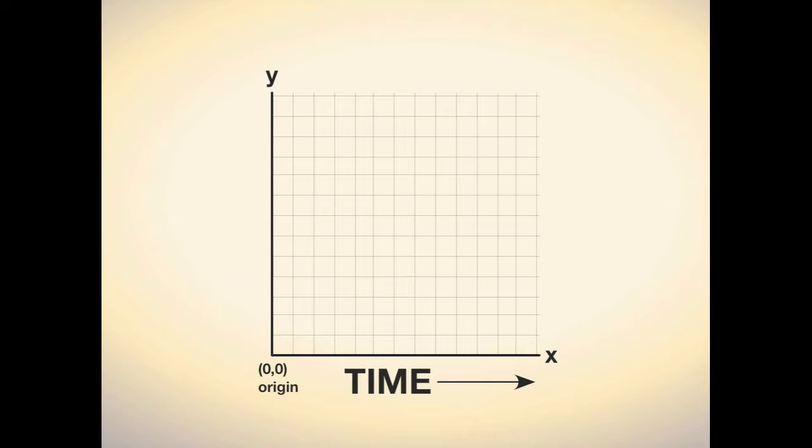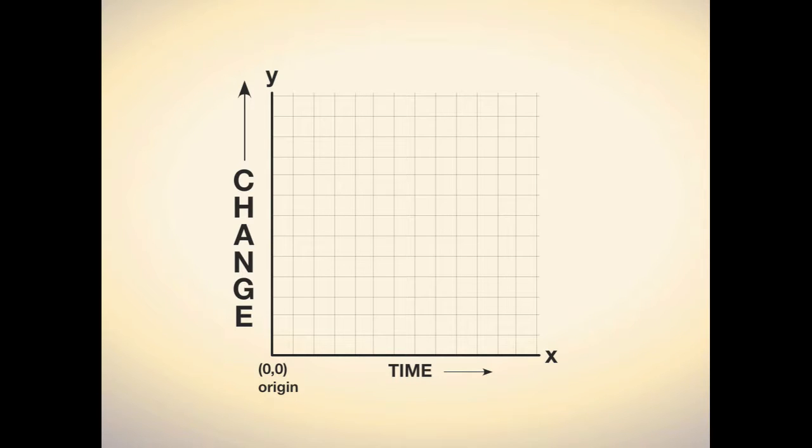And our y-axis is going to represent change. I'm not talking about what kind of change. Could be change in position, color, alpha, rotation. Doesn't matter. What we're really going to do is abstract it to the point where we're looking solely at the proportion of time to change.